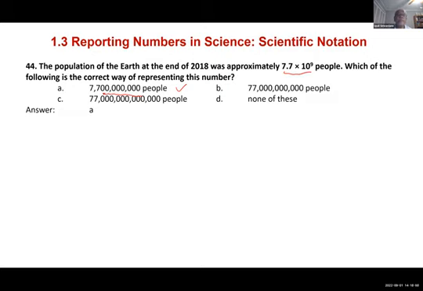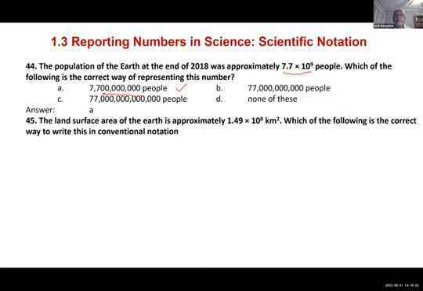This is a simple question. The surface area of Earth is approximately 1.49 times 10 to the 8. Which is the conventional notation? How many zeros? This is a large number. So 6 zeros after 149.